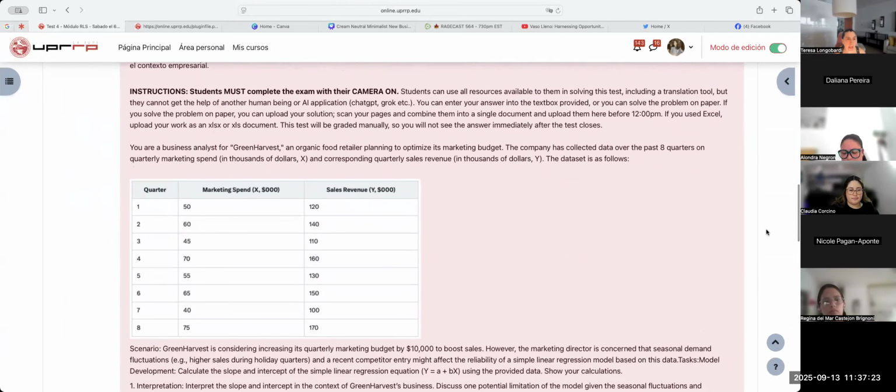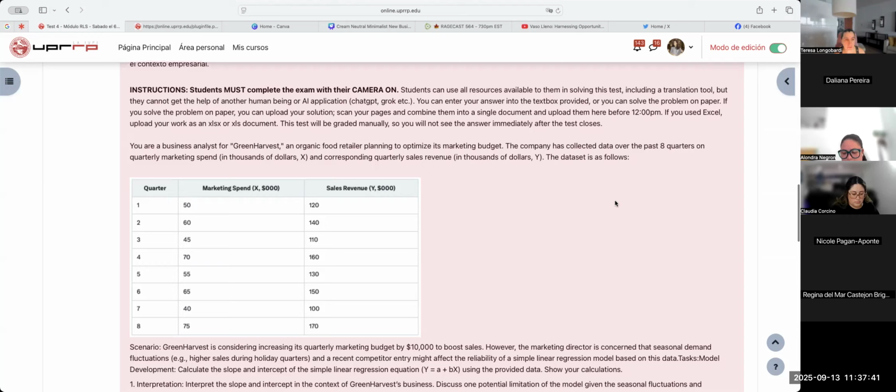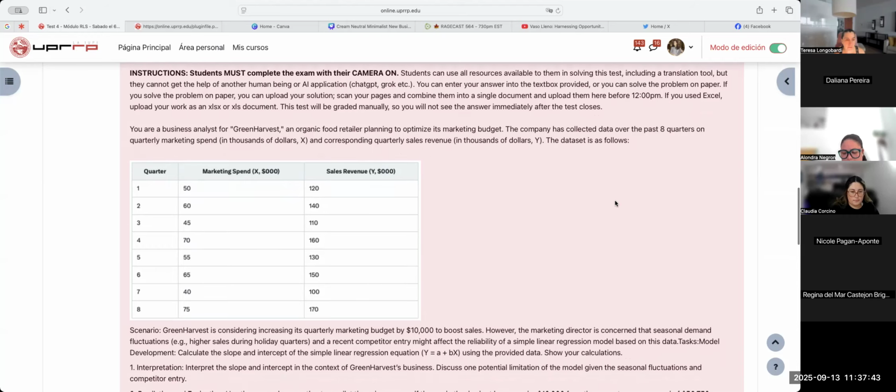You're a business analyst for Green Harvest, an organic food retailer planning to optimize its marketing budget. The company has collected data over the past 8 quarters on quarterly marketing spending and corresponding quarterly sales revenues. The data set is as follows. Green Harvest is considering increasing its quarterly marketing budget to $10,000 to boost sales.